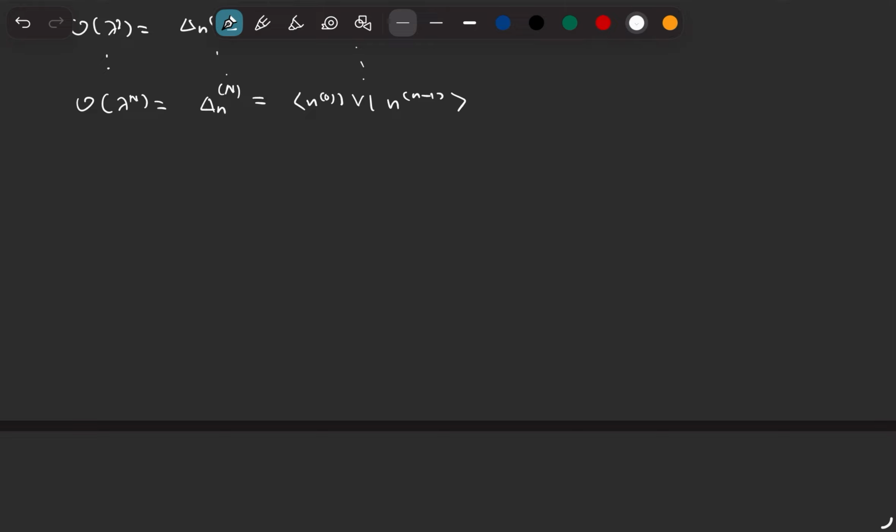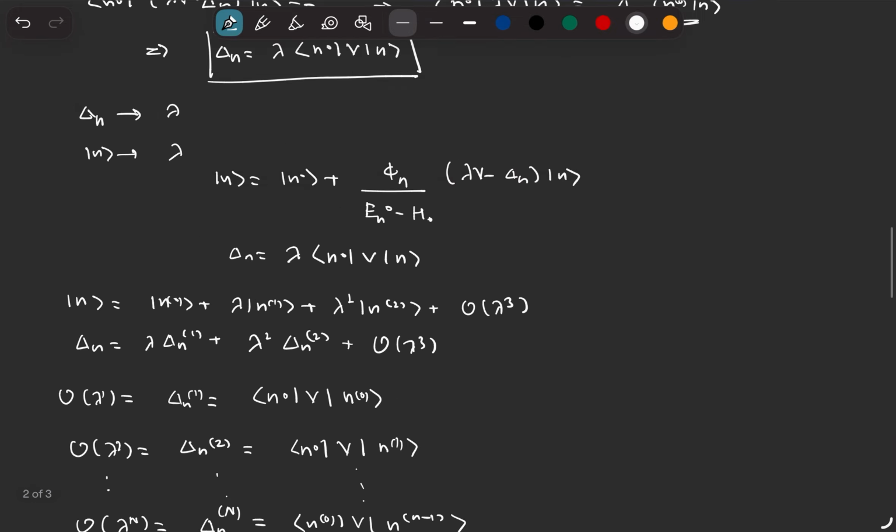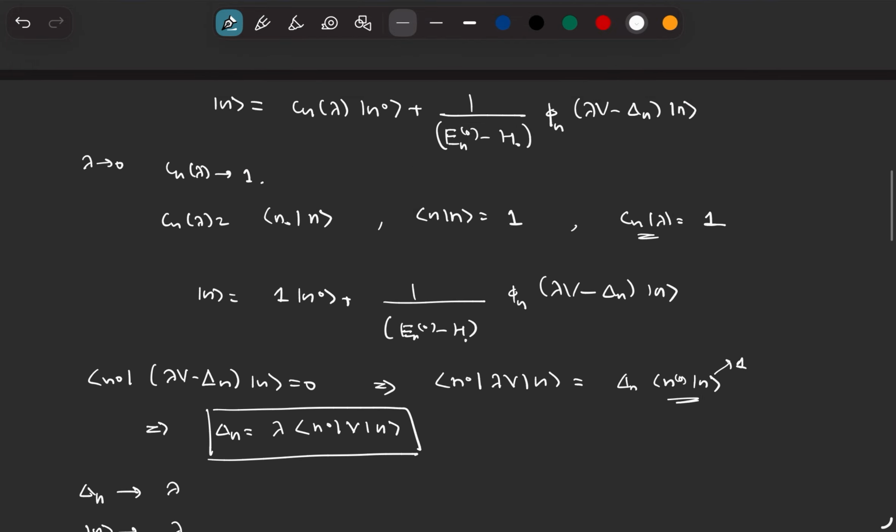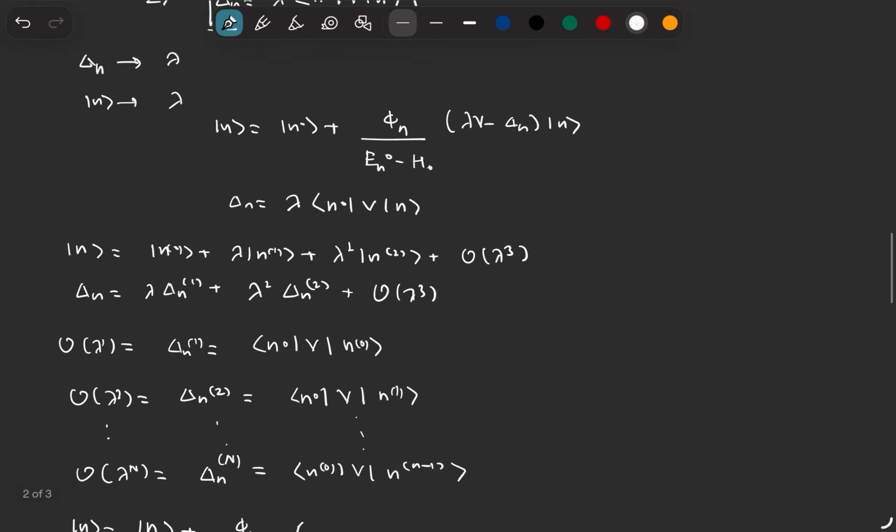Now let's do something. So we had n written as again n0 plus phi n upon n minus of h0. And now let's put this quantity in the power series, and n in the power series.